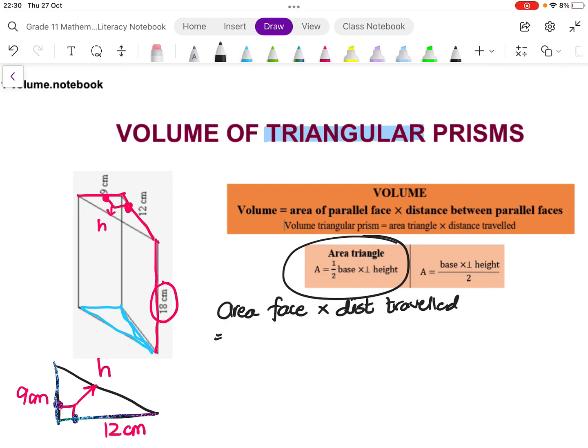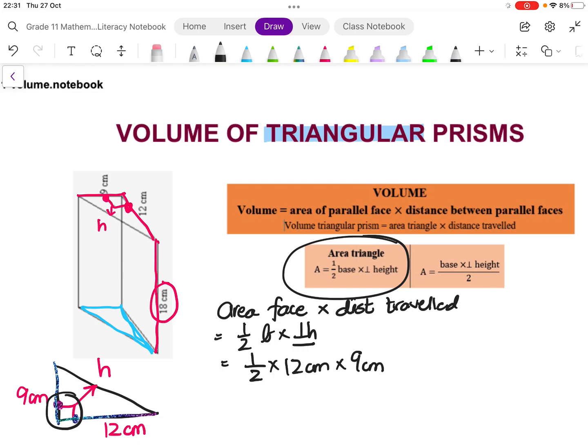The area of my face is going to be half base times perpendicular height. Perpendicular height is to remind you that you look for your right angle sign and connect those two sides. Right, so half times my base, which is 12 centimeters, times by my perpendicular height, which is 9 centimeters.